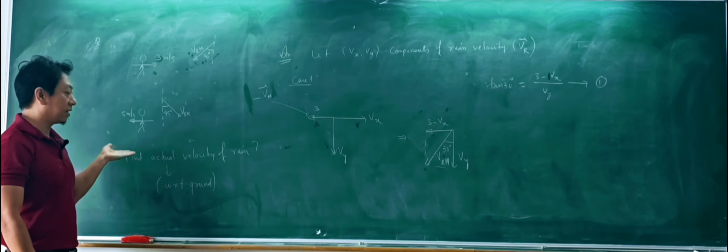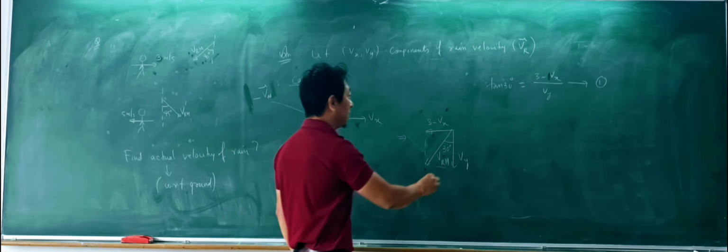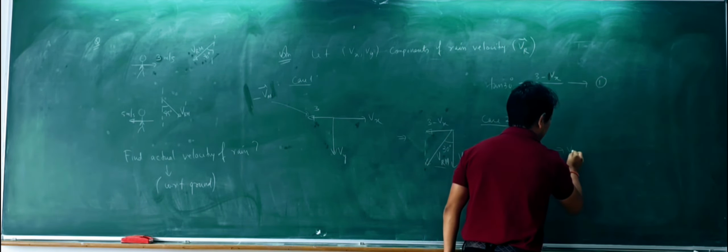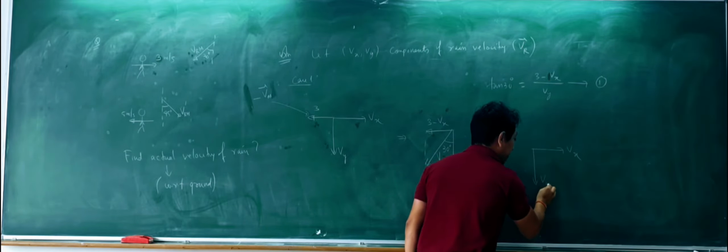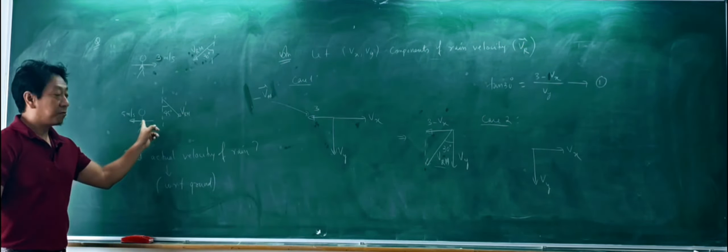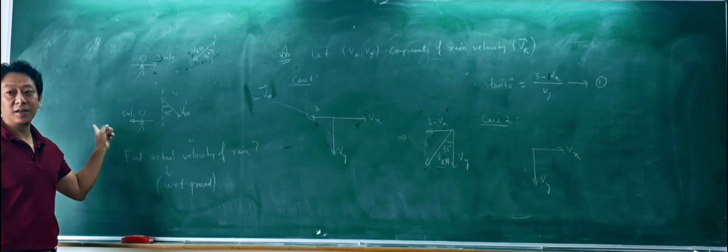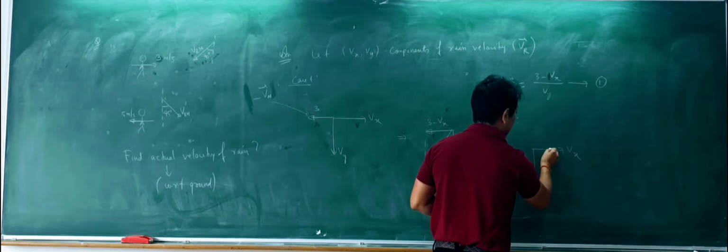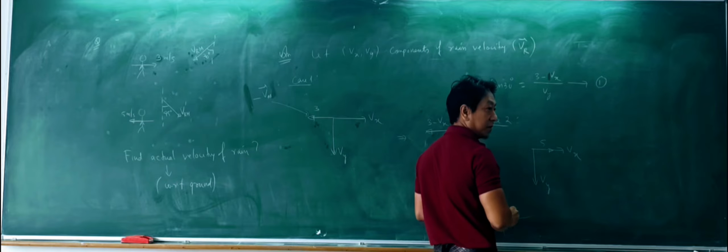That will come from the second case. Case 2. Again, the actual velocity of rain will not change, I told you. Now, where is the man going? 5 meters this side. So I have to add the reverse of that, which is here only, 5.